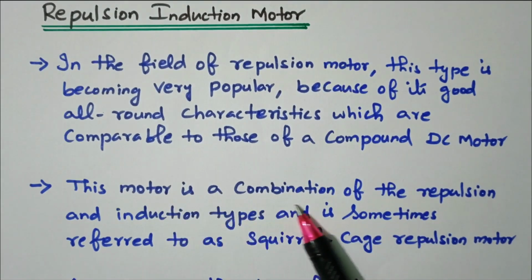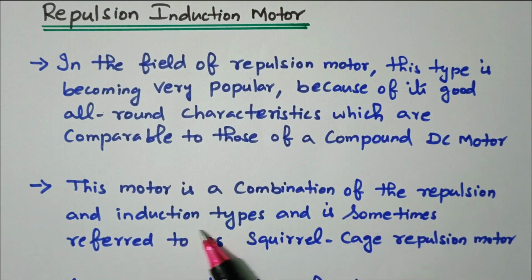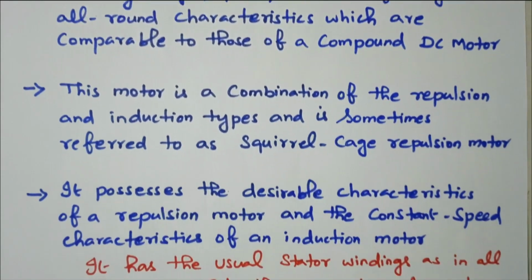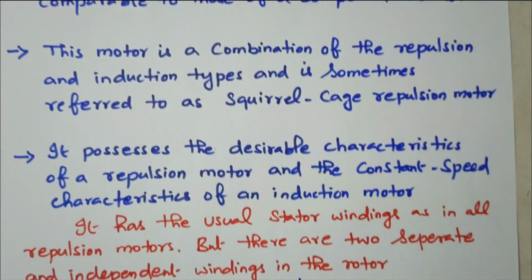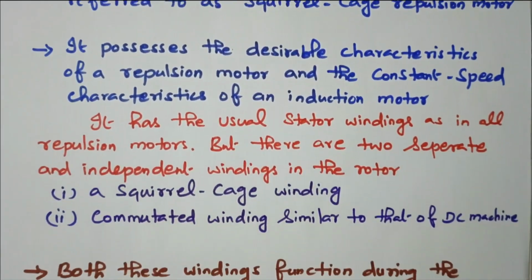This motor is a combination of repulsion and induction types, and is sometimes referred to as a squirrel cage repulsion motor. Now we'll see the construction and other details.